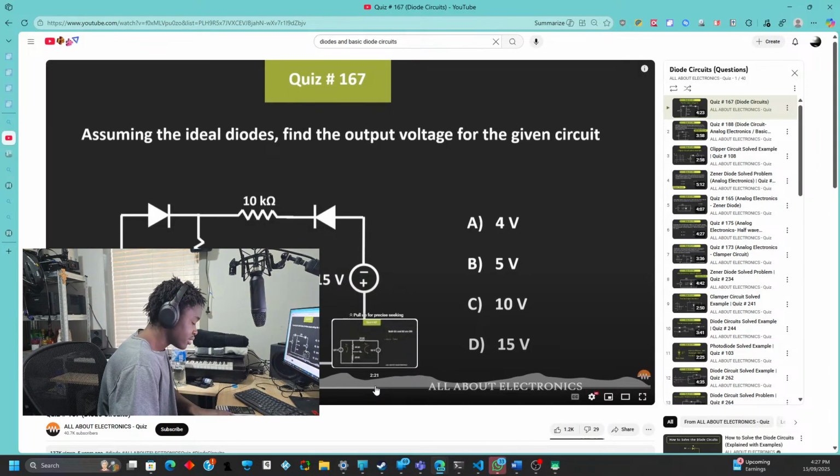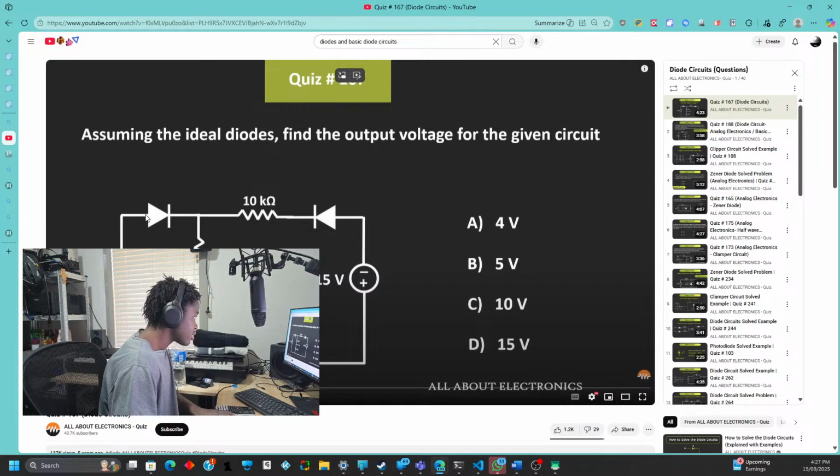And so once I have drawn the circuit, I can get rid of the diodes because I can just treat them now as wires. And so I'm asked to find the potential at VO.